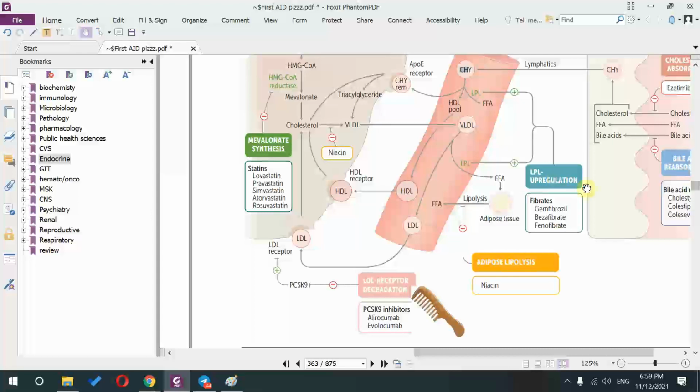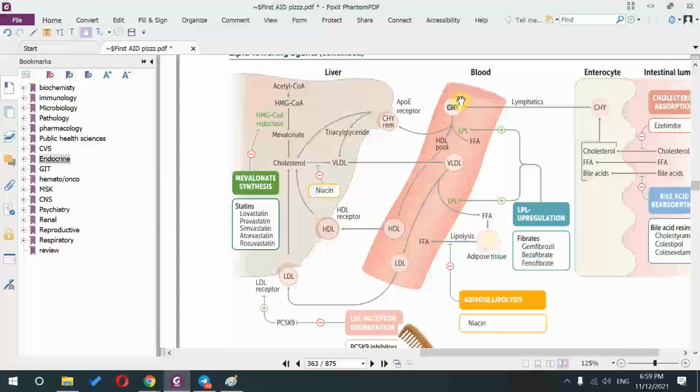So there is a drug that leads to upregulation of this LPL, which basically leads to a huge decrease in the triglyceride. Why? Because chylomicrons are full of triglyceride, and this guy is working on them here. VLDL basically comes from triglyceride, and this guy is working on them here. So these are the fibrates, including gemfibrozil. I can repeat, of course.